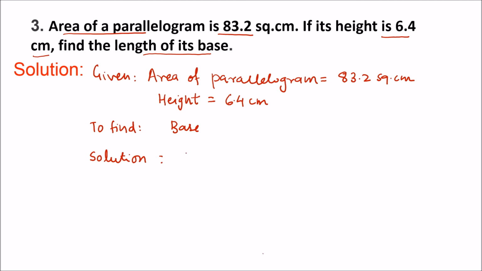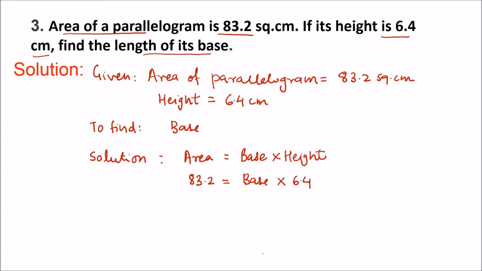So area equals base into height. Okay, it is a formula. Now at the place of area, we will write 83.2, base we will write as it is, and at the place of height we will write 6.4 centimeter.